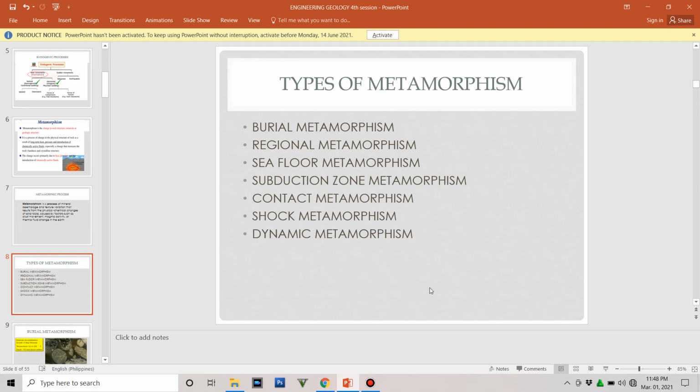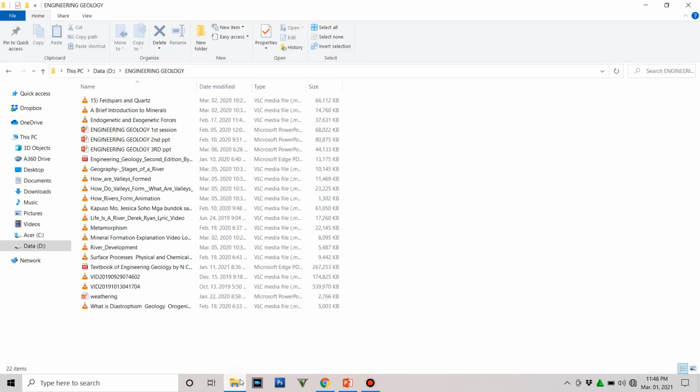So those are the metamorphism. So before we proceed to the types of metamorphism, I would like you to have here a video clip on the process of metamorphism. So let us listen carefully to this.